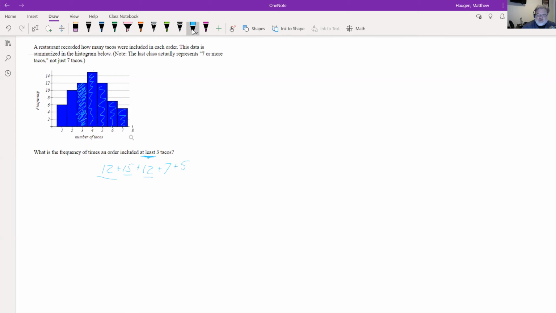Each one of these orders had at least 3 tacos in them. So how many is that in total? 36, I think it's 41 orders had at least 3 tacos in them.